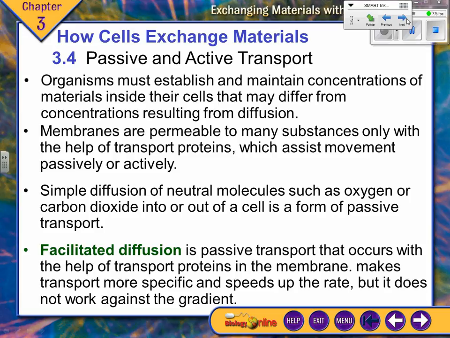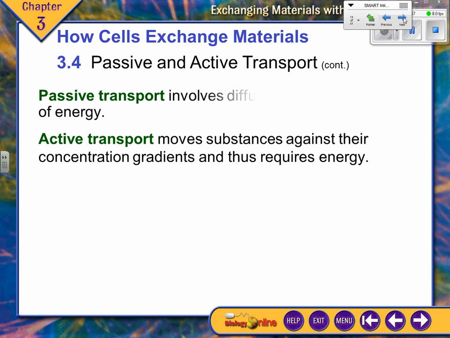It's still passive, okay? But the cell has this special opening so these particular things can get in and out. So this is still diffusion, still passive. It's facilitated because what is necessary? A transport protein. Beautiful.